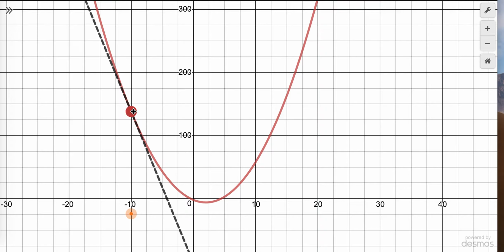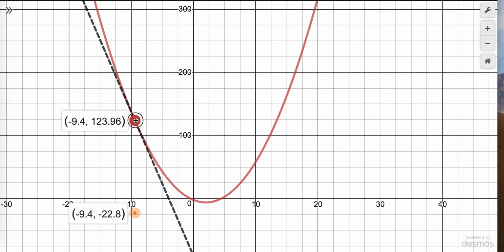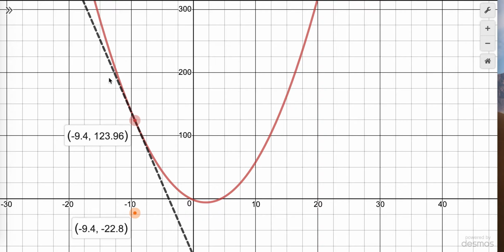Okay, so here I'm at negative 10, 138, and at that place my slope is negative 24. So my graph is definitely going downwards, right? As my graph is decreasing, my slope is negative. As I trace along here, as I come down, if you watch the slope, it has a steeper slope when the dotted line becomes more vertical.